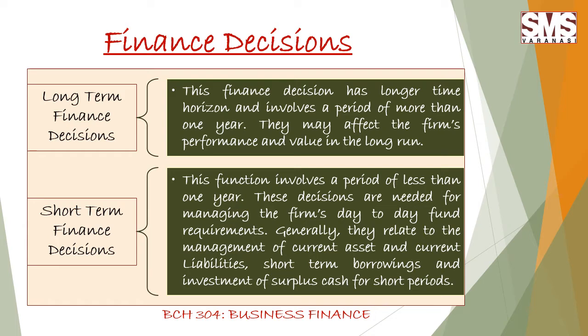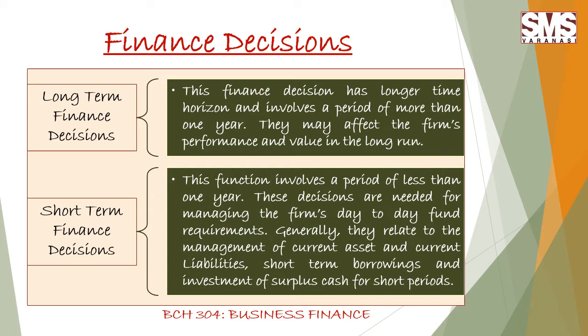So long-term financial decisions are those decisions which involve a long time period, that is more than 1 year, and the financial executive has to take such decisions for a longer period of time, and those decisions in future may affect the value of the firm as well as the firm's performance.